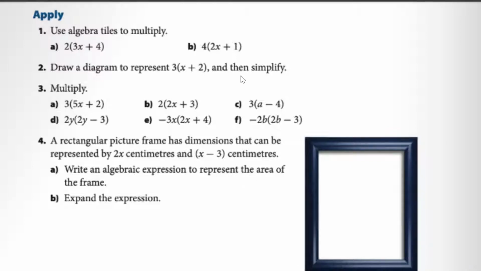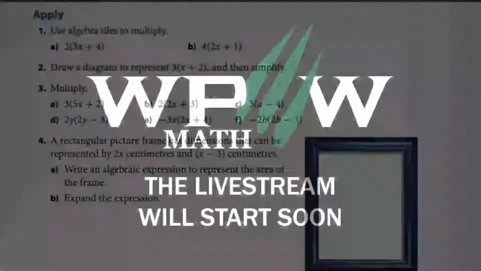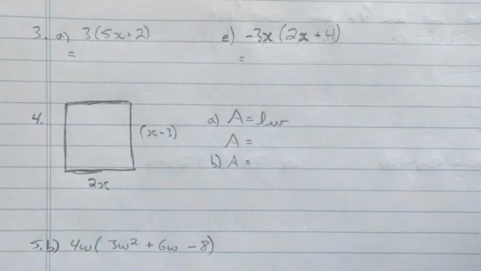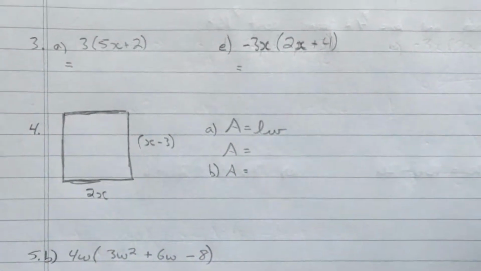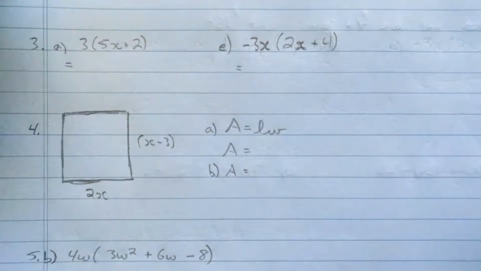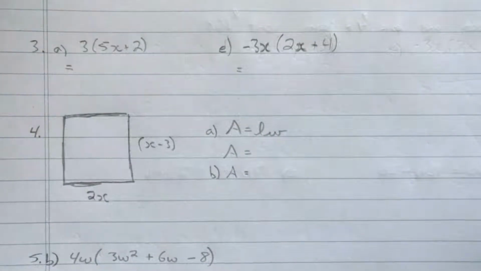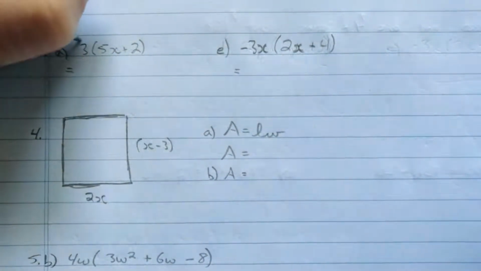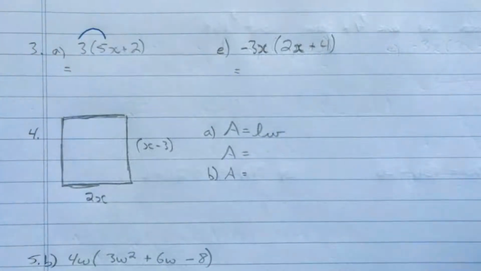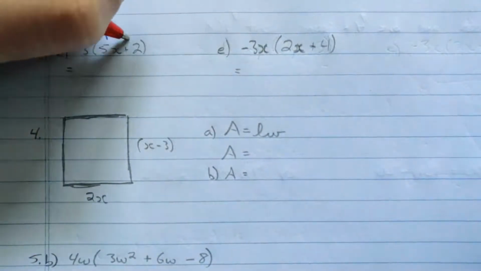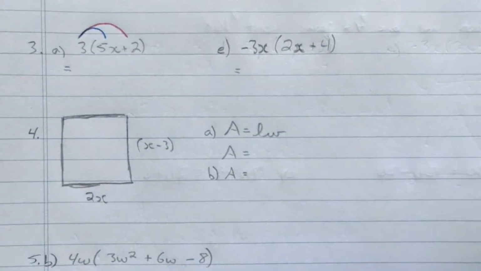So if we take a look at multiplying this one here, oops, sorry, wrong one. There we go. What we have here is 3 times 5x plus 2. And we have to multiply everything inside the brackets by the number outside the brackets. So we have to multiply 3 times 5x, and we have to multiply 3 times 2. So we have to do 2 multiplications here.